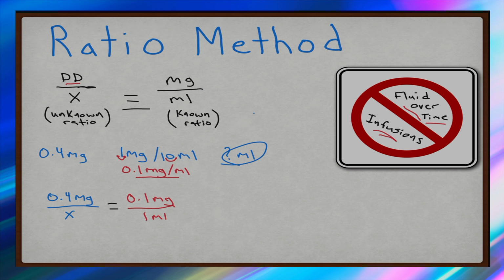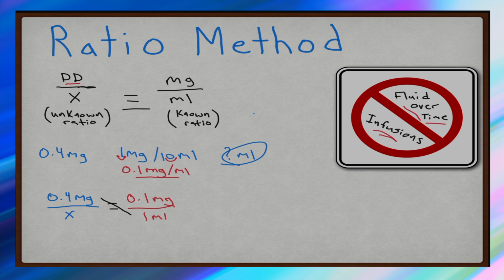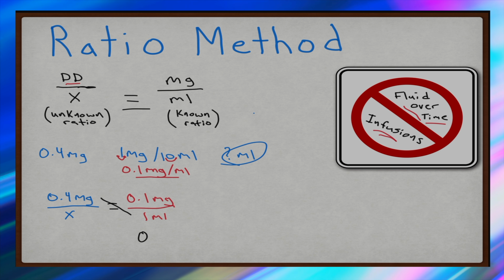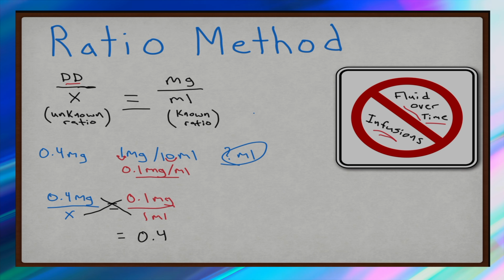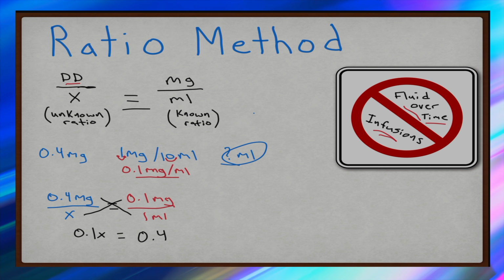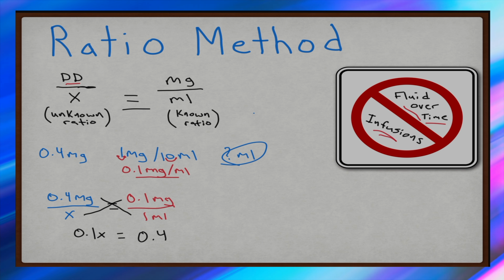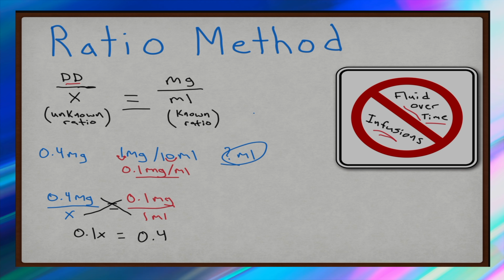So when we use this ratio method, we're going to basically cross multiply. So I'm going to take 0.4 and multiply that by 1. And that's going to give me 0.4. Okay, equal sign comes down. Then I'm going to cross multiply the other side, 0.1 times X, and that's going to give me 0.1X. Okay, so now that I have this in a different look, I need to solve for X. So I need to get X by itself.